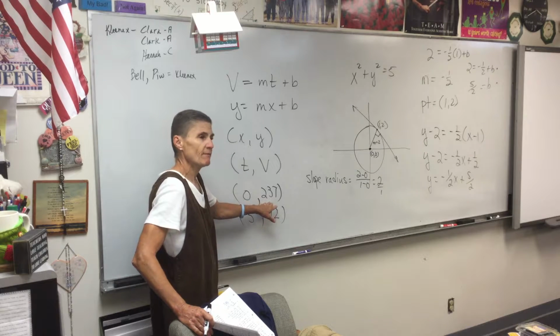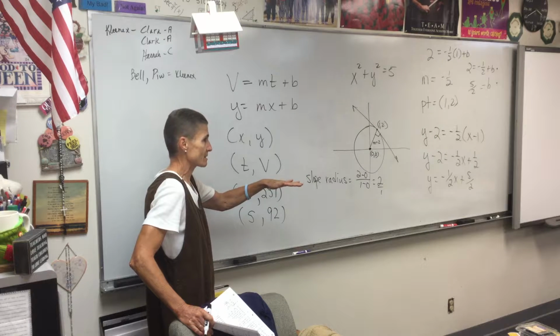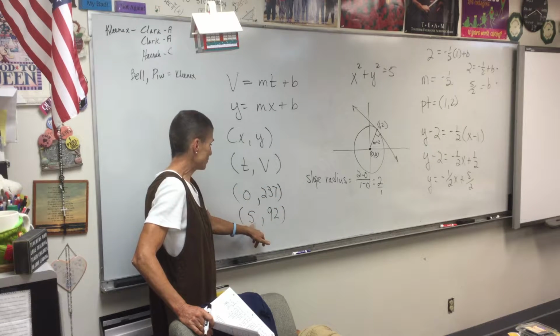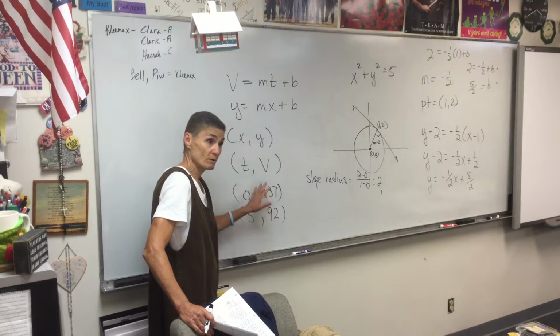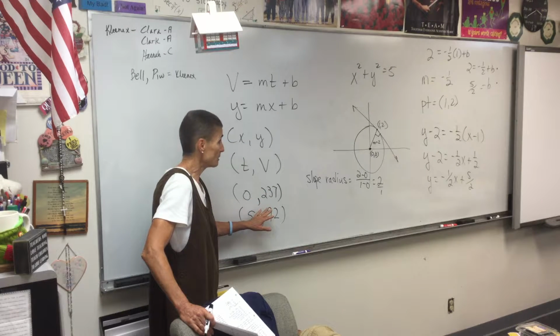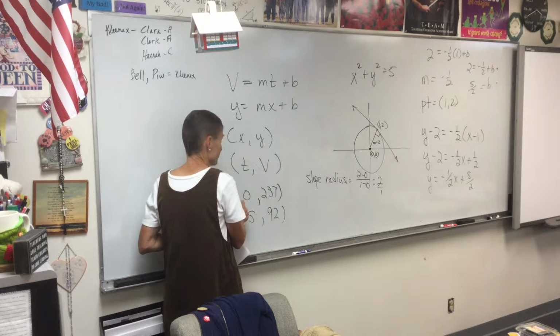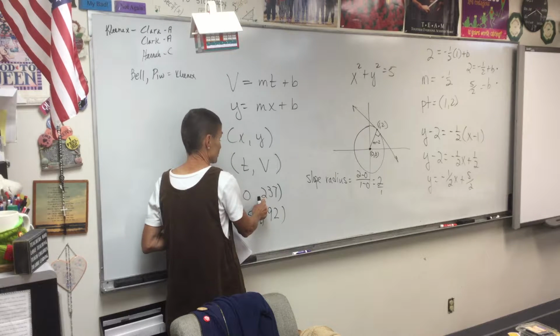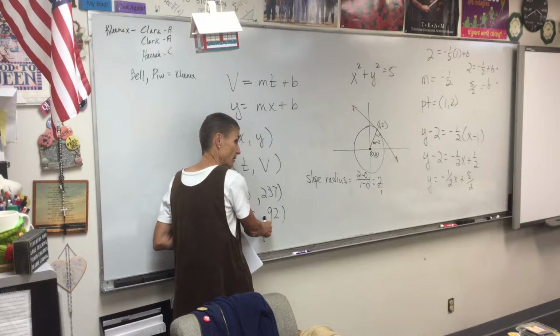So 237 was the value after no time passed. After 5 years passed, now the value is at $92. Do those ordered pairs make sense to you? It's a little bit tricky. You got to think about it. Time, value: no time passed was 237. Original value 237. 5 years later, the value is now $92.